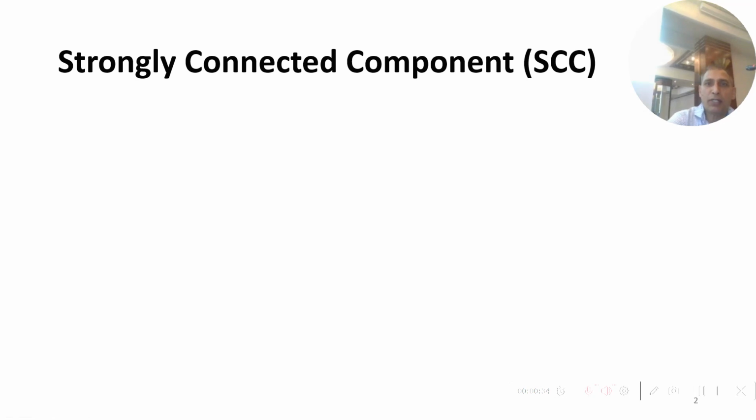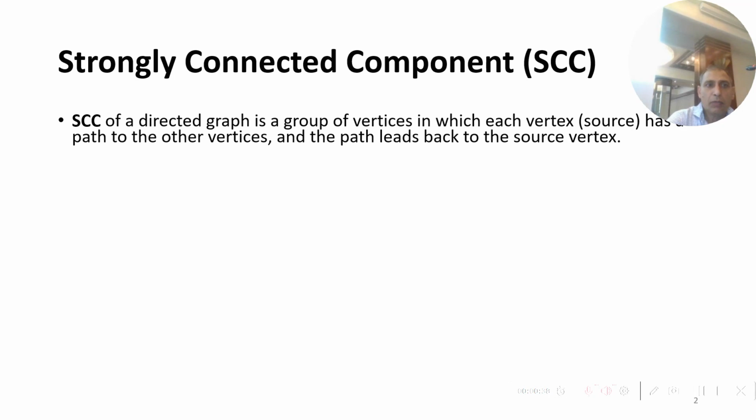Strongly connected components, SCC. Strongly connected components of a directed graph is a group of vertices in which each vertex, the source, has a path to the other vertices and the path leads back to the source vertex.